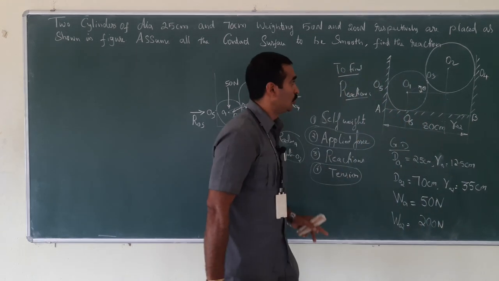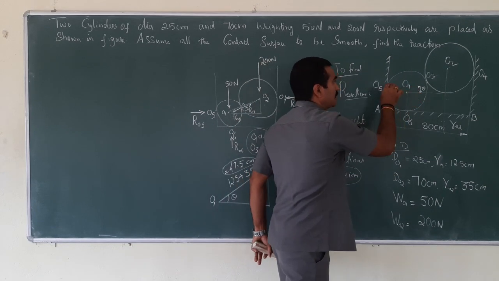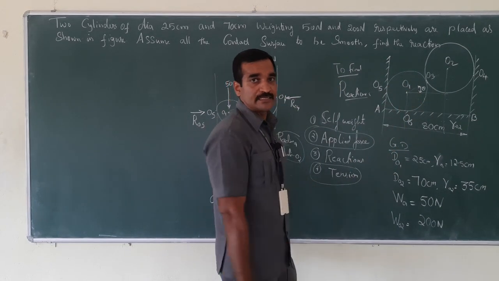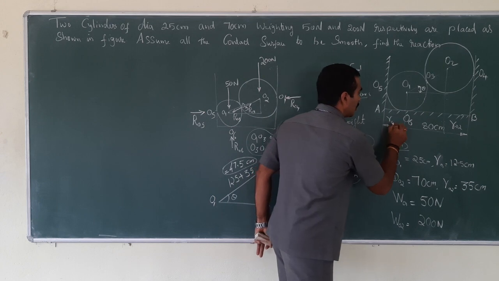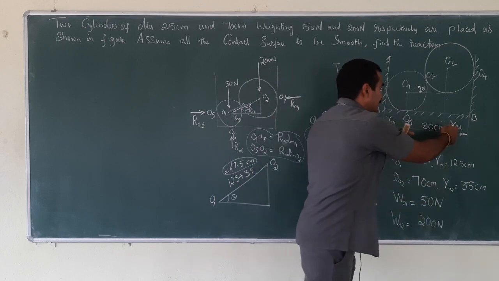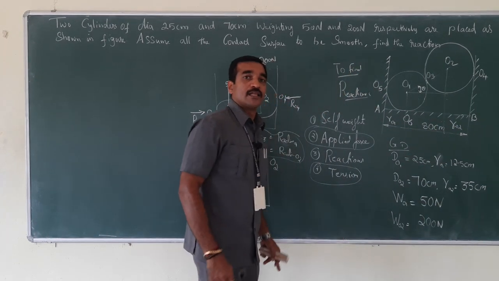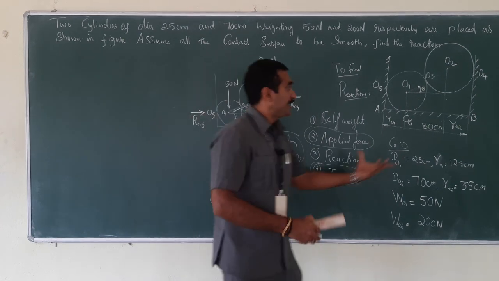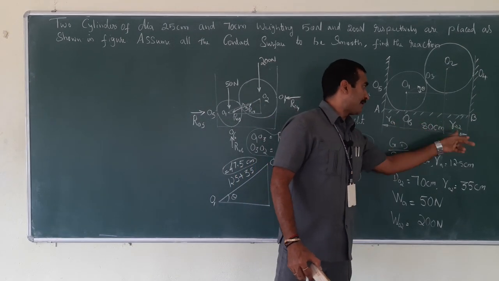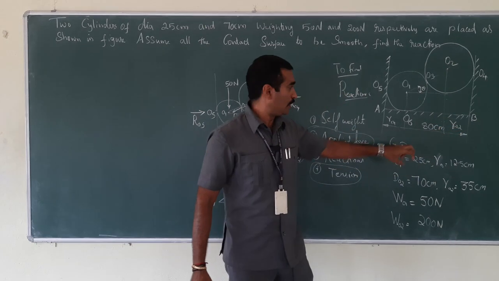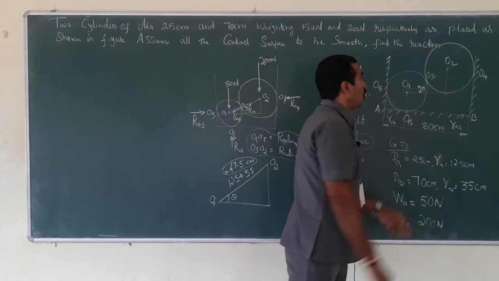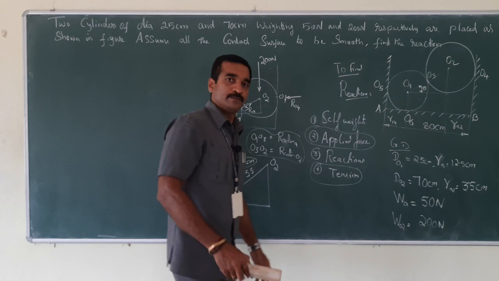So let me just mention this as small r. That is rO2. Then what would be the distance from O1 to this one? That is the radius of the cylinder 1. That can be denoted as rO1. So can you find this distance now? Yes. The distance could be 80 minus rO1 minus rO2. If you just do it, you will get the distance between O1 and O2. Got it?